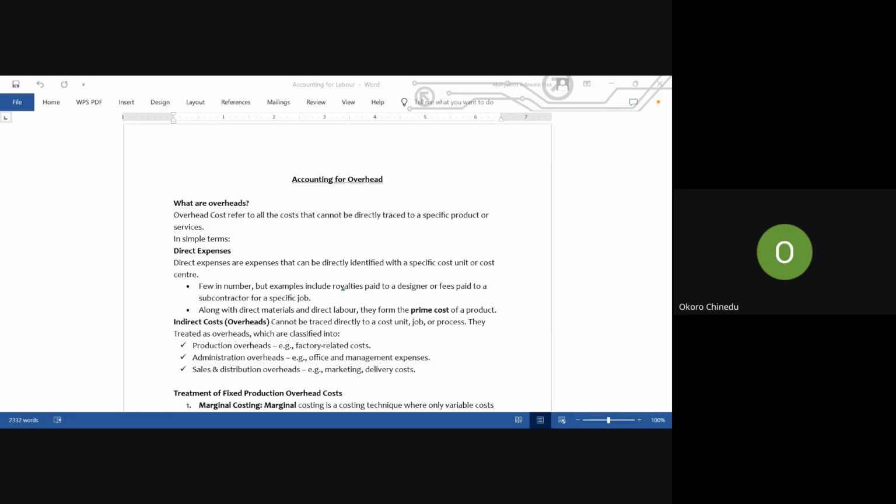Standard production per month, 1,250 units. Production by employees is as follows. So you went ahead to tell us that for us to answer this question in ICAN, we should do a full solving.